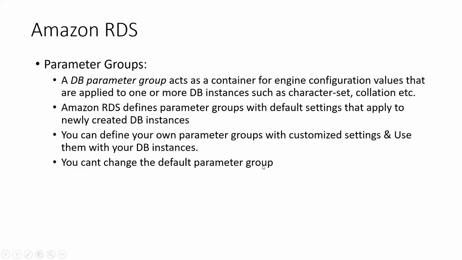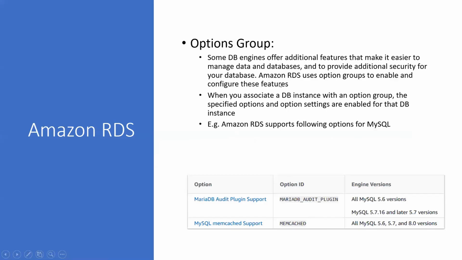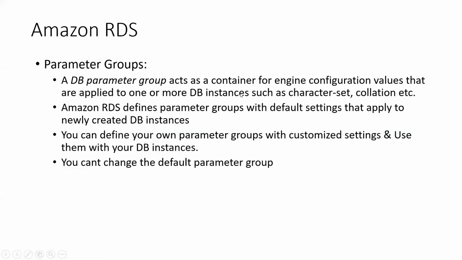Here you will have basic DB engine configurations, right? So if you select the default one, whatever character set, collation, etc., those features will already be enabled by default. If you want something else, you can create your own parameter groups, and those would be applied along with the default ones.